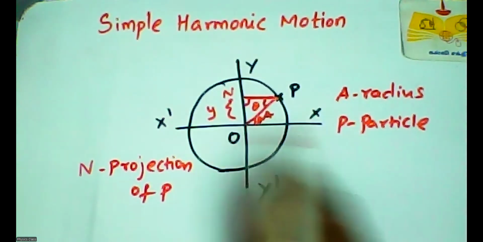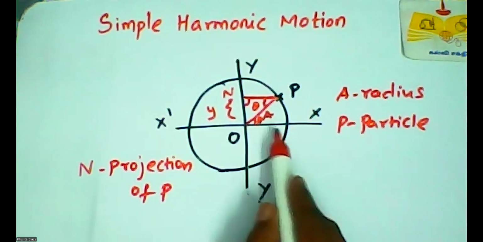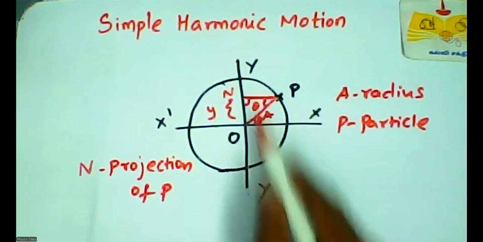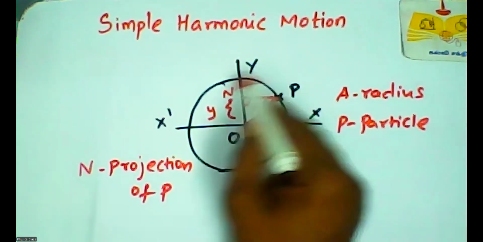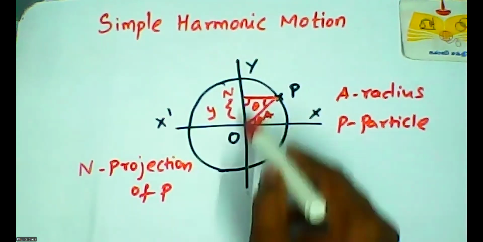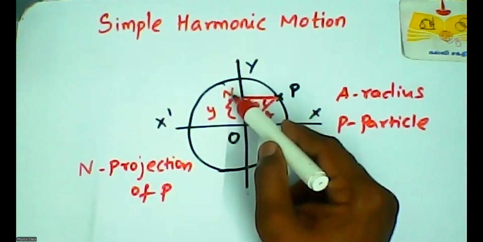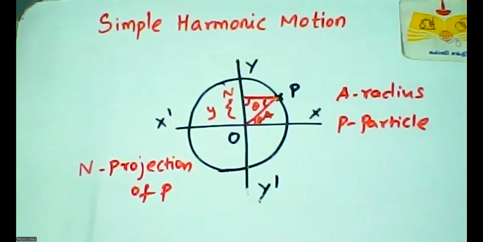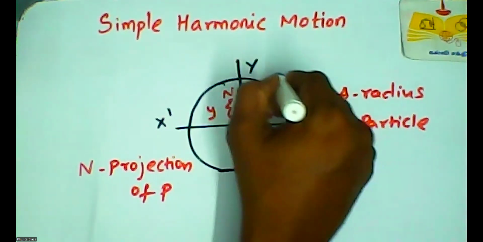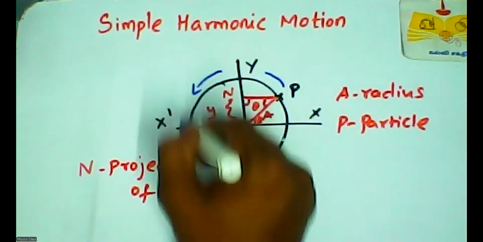This is the X axis, this is the Y axis, and X is also a diameter of the circle, and Y is also a diameter of the circle. The object moves along the circumference, and N, the projection, moves along the Y axis. This object moves in the anti-clockwise direction.